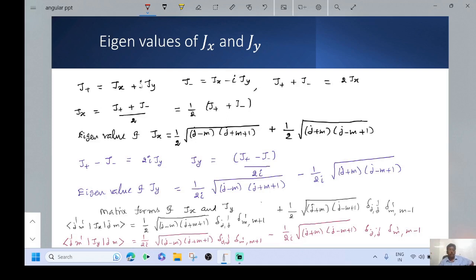Then for the eigenvalue of jy, find j plus minus j minus, which is 2i into jy. Then jy equals j plus minus j minus, whole divided by 2i. The eigenvalue of j plus minus the eigenvalue of j minus, whole divided by 2i, is the eigenvalue of jy. These are all the matrix forms of jx and jy.